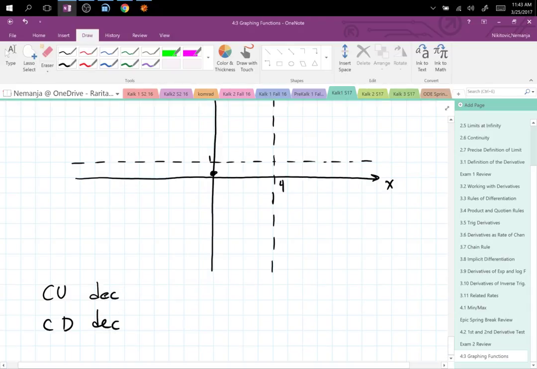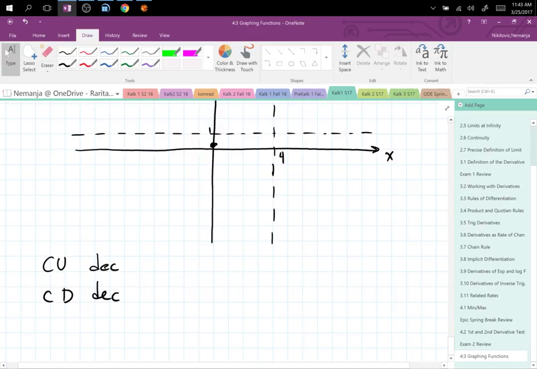If you draw the pieces for concave up, this piece breaks into two pieces that look like this. Which one of these two pieces, when you break the concave up part, is decreasing? Yes, so the left one, right? So he said the middle one, and I said so the left one, right?